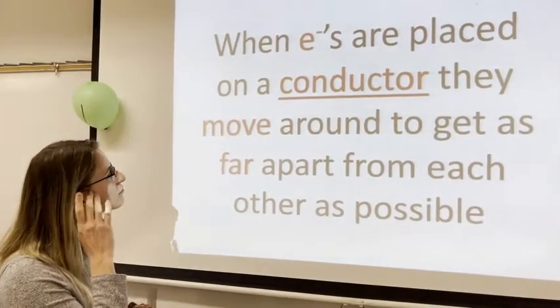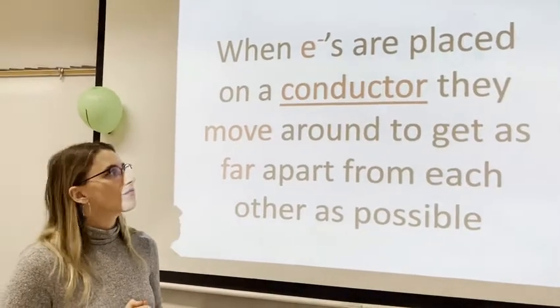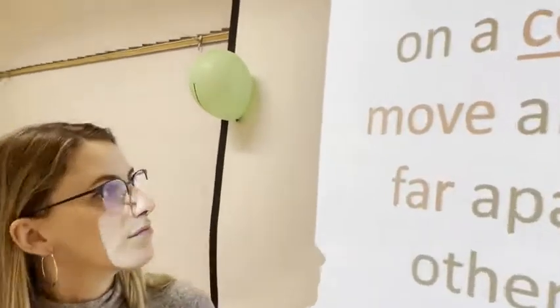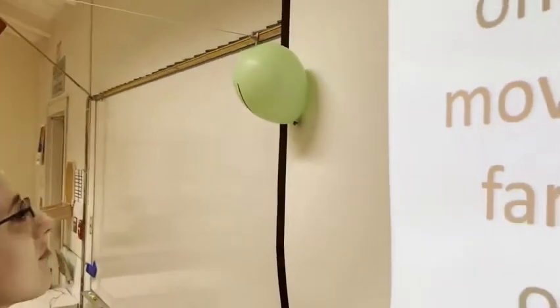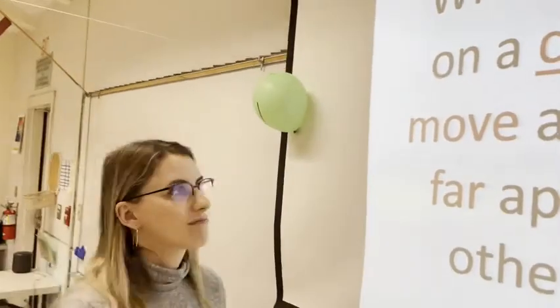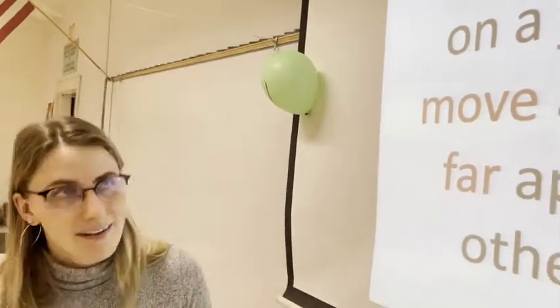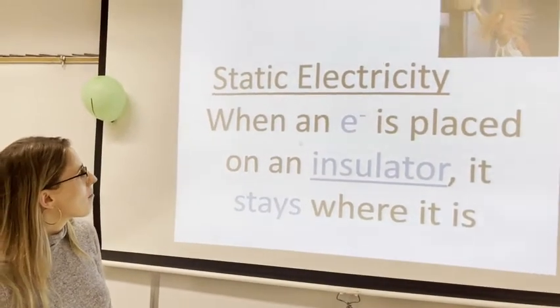So the whole thing about static electricity is we're talking about insulators, how static electricity stays on an insulator. For example, this balloon right here is an insulator. And we rubbed some electrons off of a shirt onto that balloon. They stayed where they are. Static means stationary.